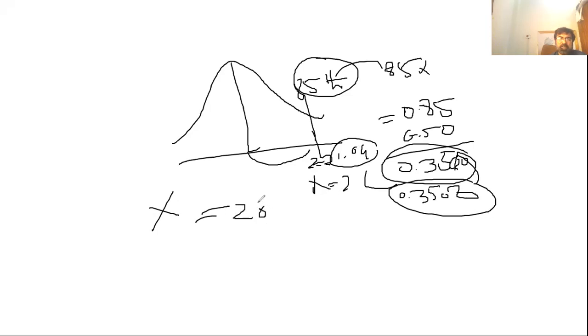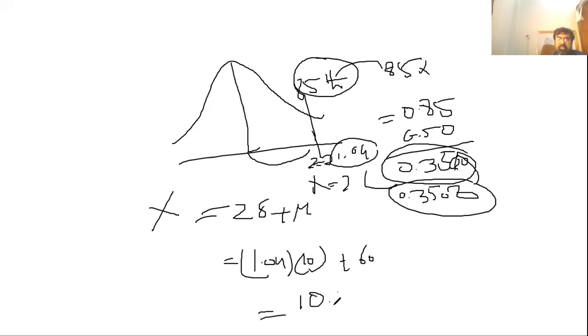Putting these values in the formula, it becomes 1.04 into 10 plus 60, and that will become 10.4 plus 60. 1.04 multiplied by 10, after 1 comes 2 places, so 10.4.